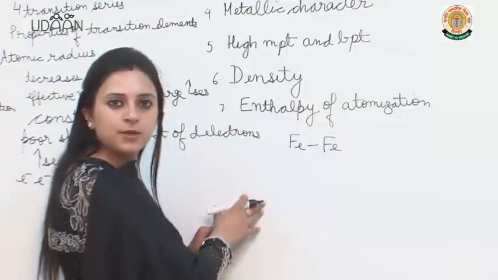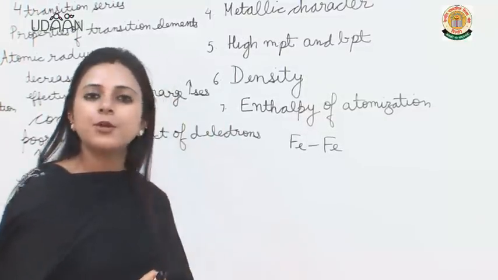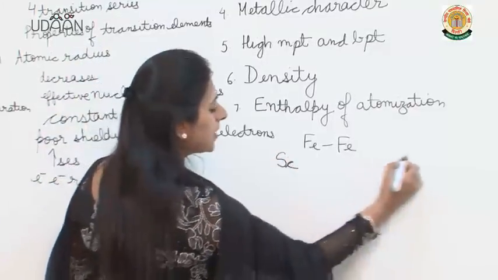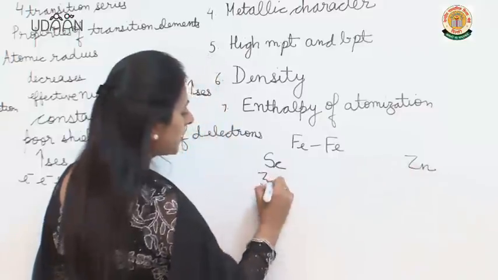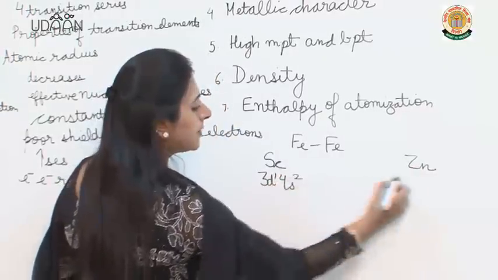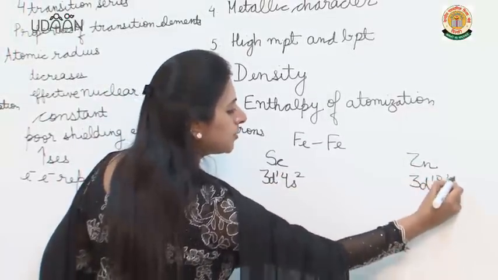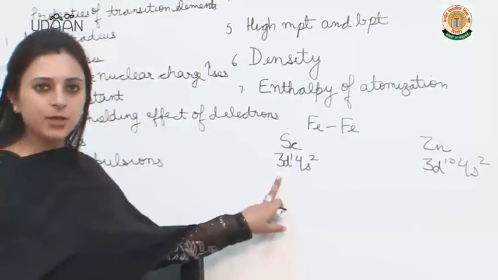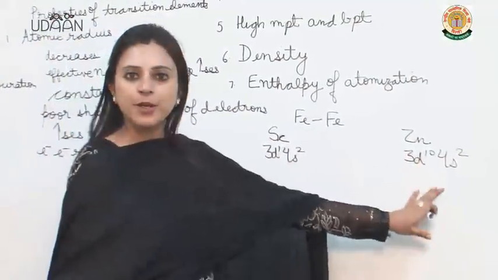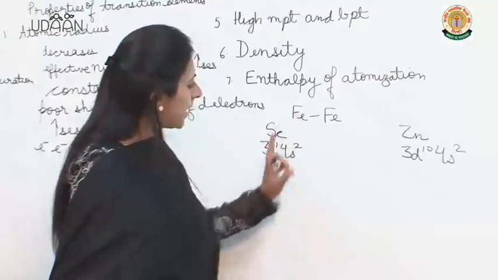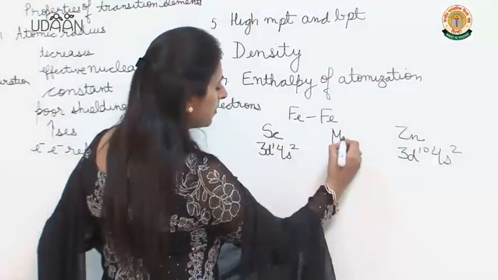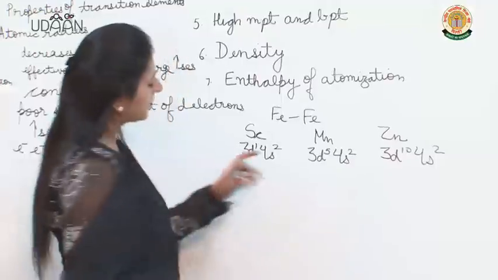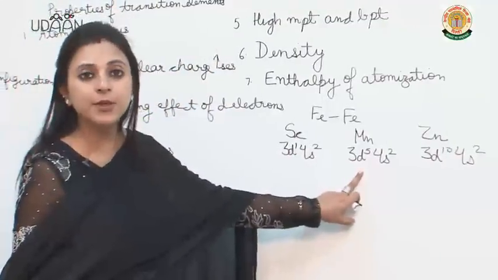But now my question is that what will happen to enthalpy of atomization as I move from left to right? Because what is happening to the number of unpaired electrons? जब मैं स्कैंडियम से जिंक में जा रही हूँ, स्कैंडियम is 3d1 4s2, zinc is 3d10 4s2. What is happening? यहाँ पर one unpaired electron है, यहाँ पर no unpaired electron is there. पर जब मैं स्कैंडियम से मैंगनीज पर गई, मैंगनीज is 3d5 4s2, तो मैंने देखा here I have 5 unpaired electrons.